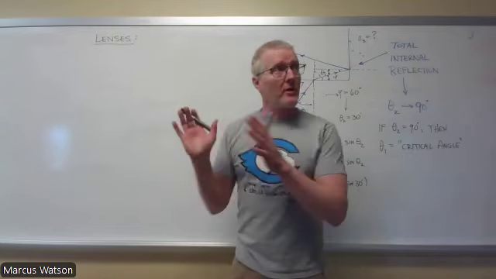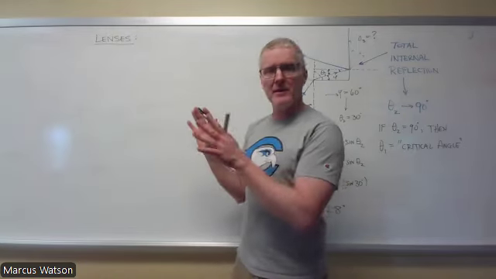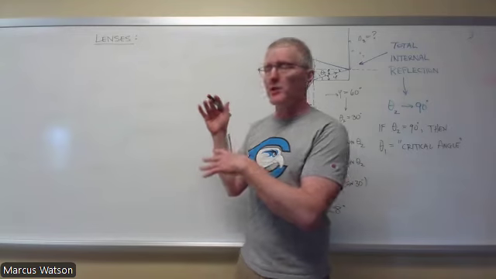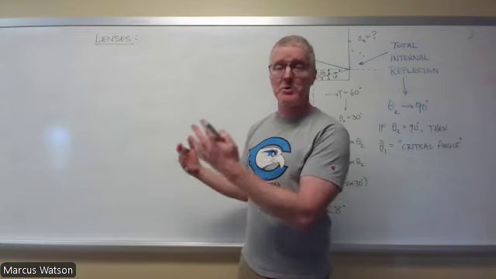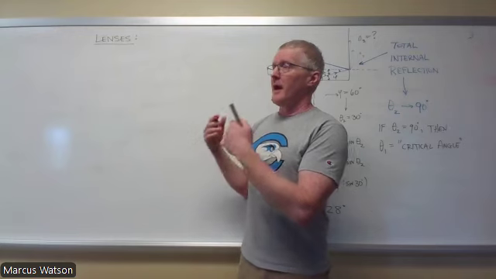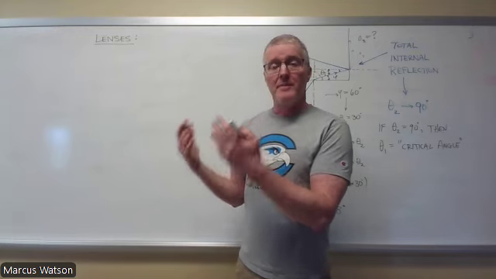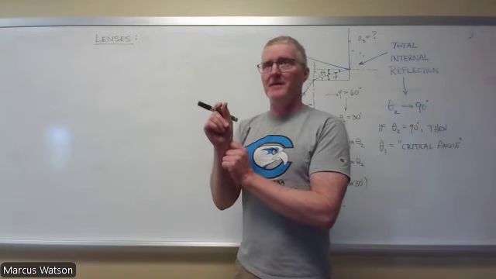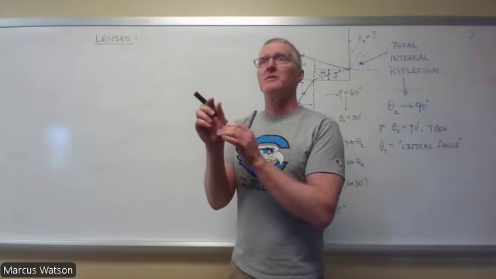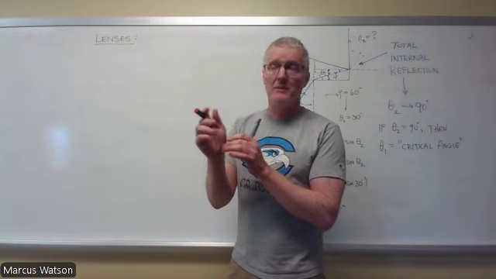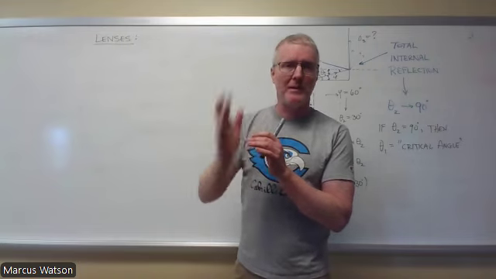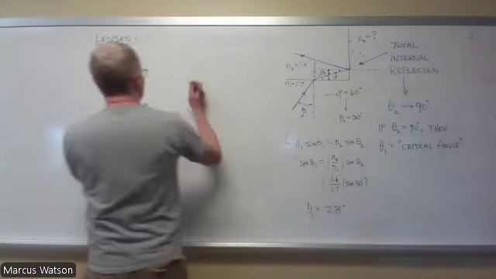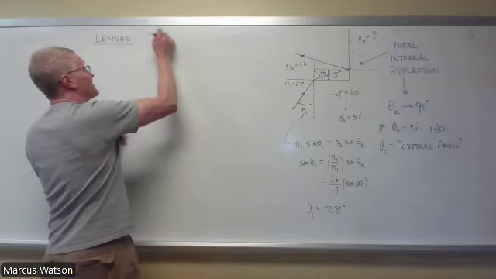Now, to start off today, since we are probably in the almost closing stages here, I'm going to introduce lenses, and I'm going to tell you the major assumption is that we are thinking of a thin lens, such that the refraction that happens is happening basically in one plane, right? We're going to assume thinness.